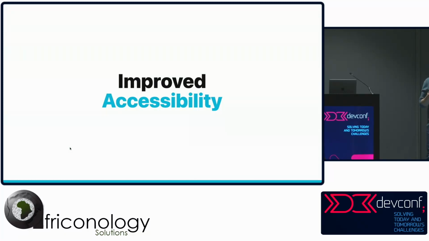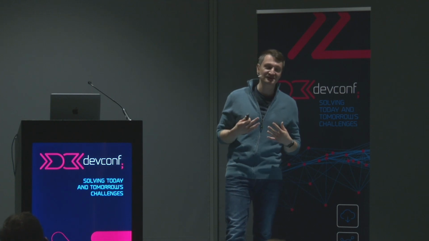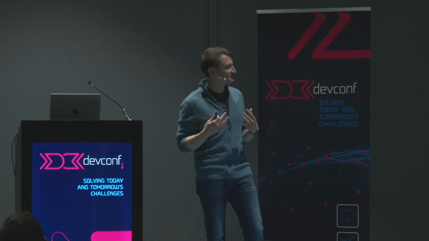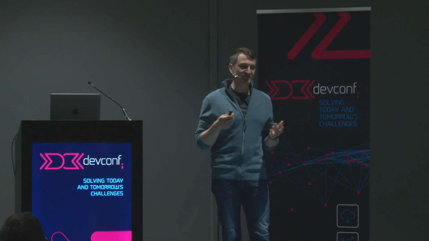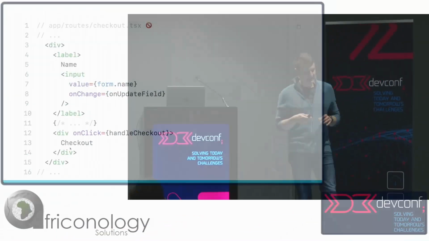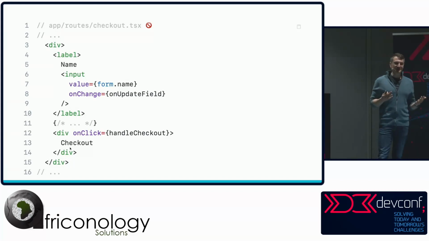But now let's come to the third point, in which progressive enhanced hybrid applications help us to improve the experience for our users. And that one is by improving the accessibility of our applications. Why is that? So at the beginning, I showed you this example of a div that was used as a button, although it would be better to use a real button element.